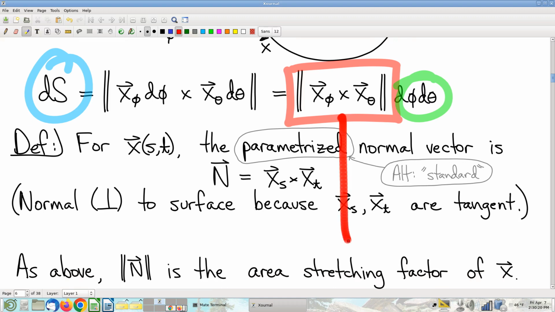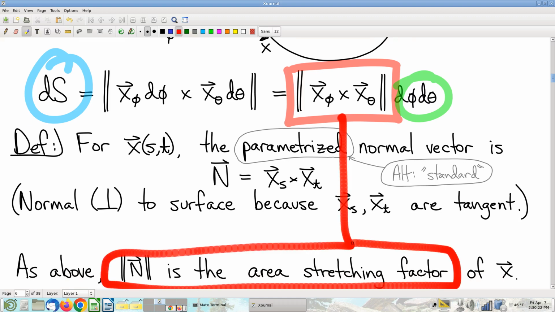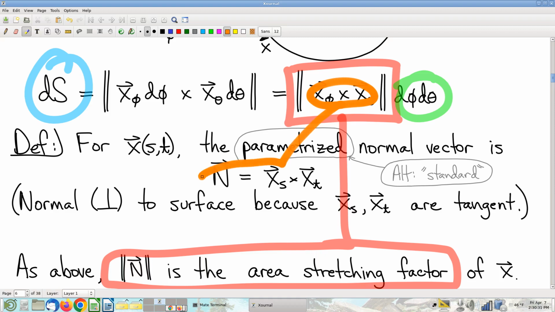Here it is, area stretching factor. Now, one thing that I do want to point out, this is just a notational thing. This vector here, the cross product itself, is actually useful for more things.